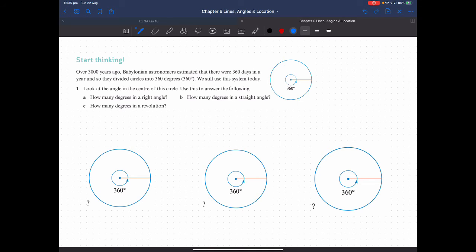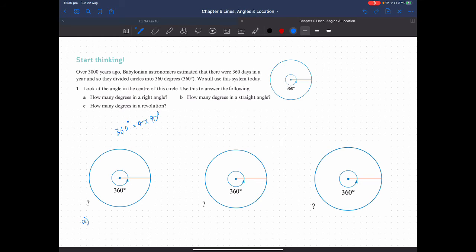I'm going to draw in blue on the first circle there, and this will be my answer for A. 360 degrees is equal to 4 times 90 degrees.